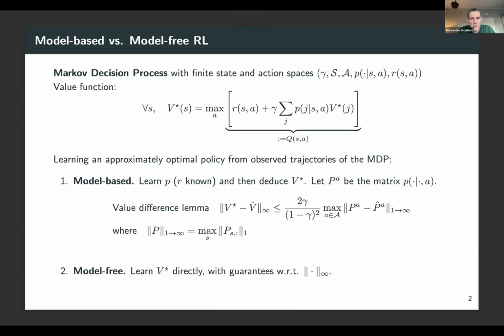The second paradigm for RL is model-free, the classical setting where you learn the value function directly, and for this you want to have guarantees in the infinity norm. It means that you want an entry-wise guarantee for the value function for all S.